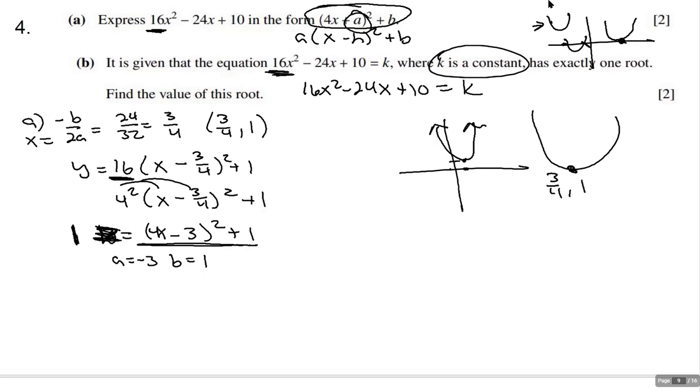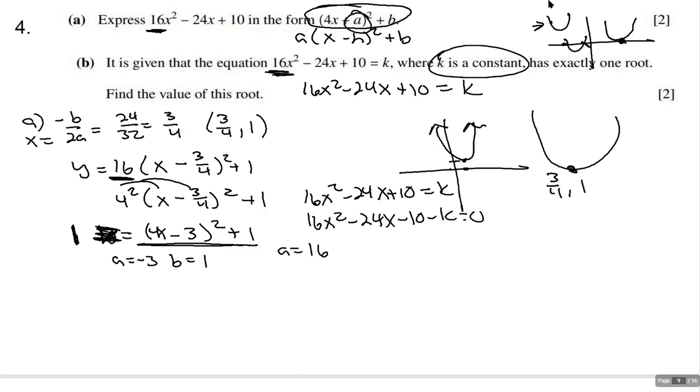If I did the discriminant, it's going to be 16x squared minus 24x plus 10 equals k. And of course, when I make it equal to 0, 16x squared minus 24x minus 10 minus k equals 0.